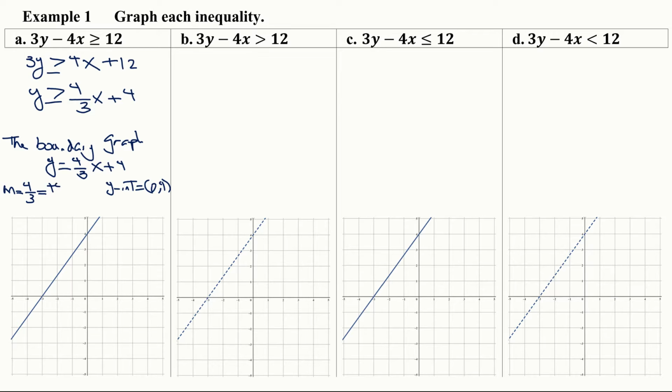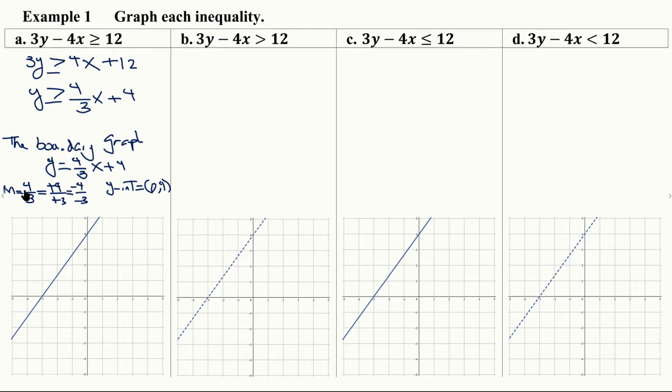Which you can think of as positive 4 over positive 3, but you can also think of it as negative 4 over negative 3. That means if you have a point on this graph, such as the y-intercept which we possess, 0, 4, to get to another point, you can go up 4 and 3 over to the right, or you can go down 4.